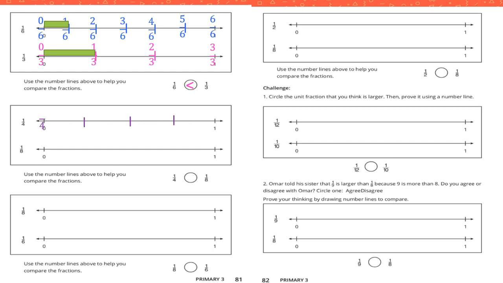Label each dash and locate 1 over 4 by joining between 0 over 4 and 1 over 4. 1 over 8, how many dashes will we need to make 8 equal parts? We said before, when the denominator is 8, it means 8 equal parts.